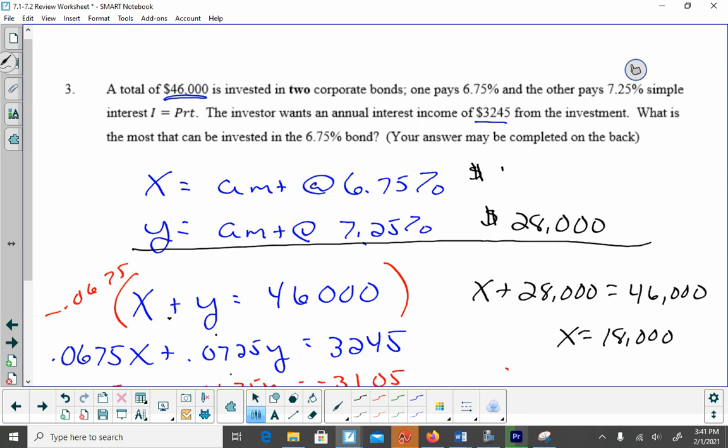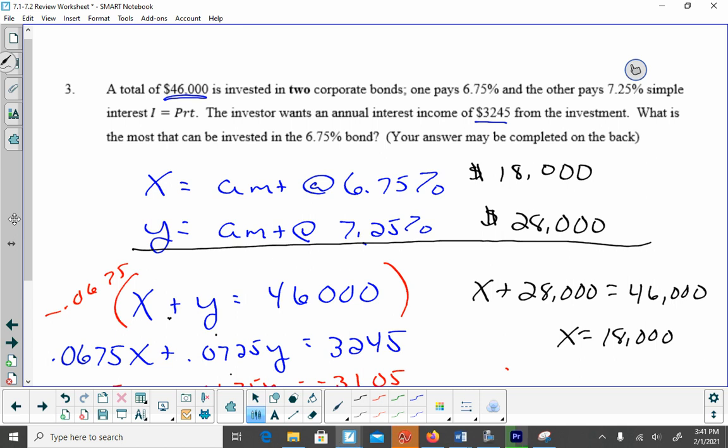So the most that I can invest at 6.75% is the 18,000. If I invest any more at the 6.75%, then I'm not going to make the 3,245. I could invest less at 6.75%. I could invest, say, like $10,000 and $36,000 at the 7.25%, and I'm going to make more than the 3,245.